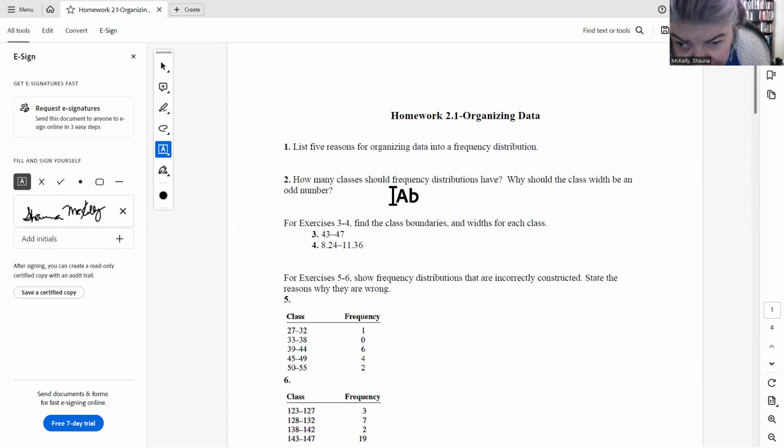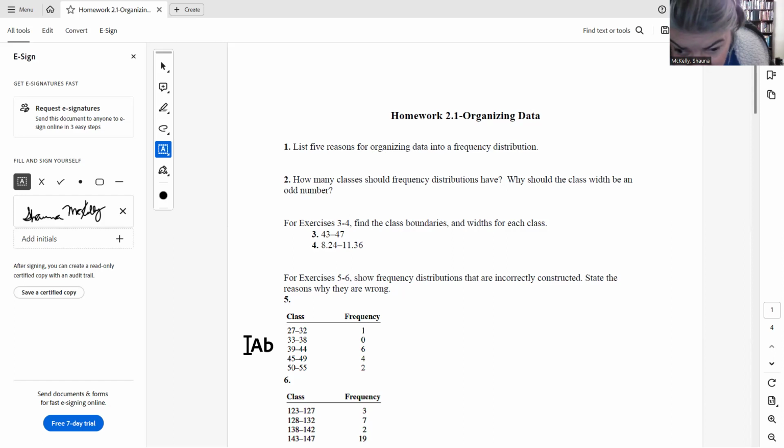So we have the basic reading questions up here. Why would you organize data in a frequency distribution? How many classes should a frequency distribution have? Why should the class width be an odd number? I am going to point out this, you can get these from the reading and from the slides, list 5 list reasons.